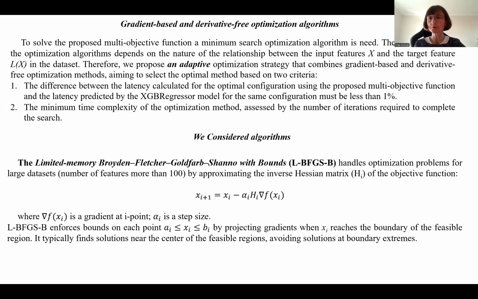Then to solve the proposed multi-objective model, we consider an optimization minimum search algorithm. And we propose an adaptive optimization search strategy that takes into consideration gradient-based and non-gradient-based algorithms.